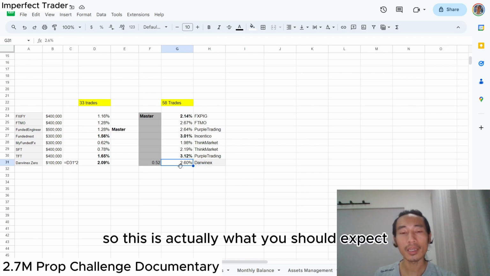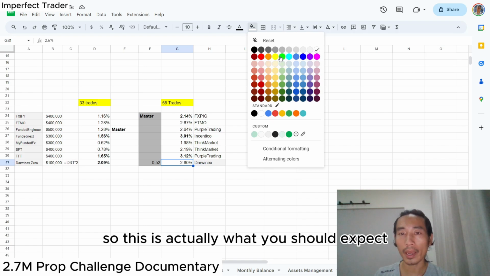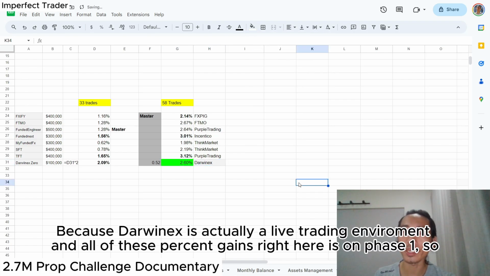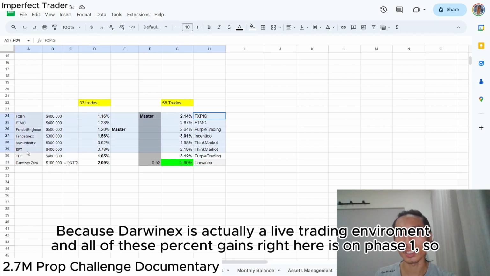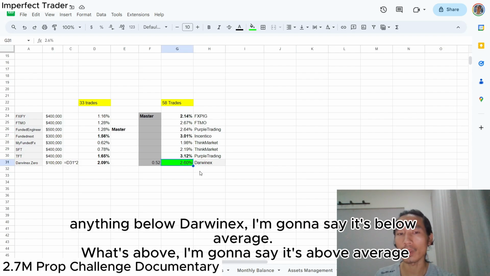That is what you should expect, because Darwin Next is a live trading environment, and all of this percent gain right here is on phase one. So anything below Darwin Next, I'm going to say it is below average, and what is above, I'm going to say it is above average.